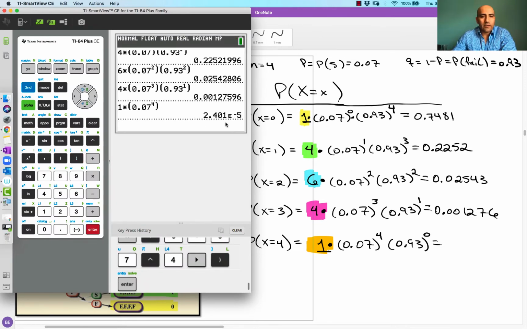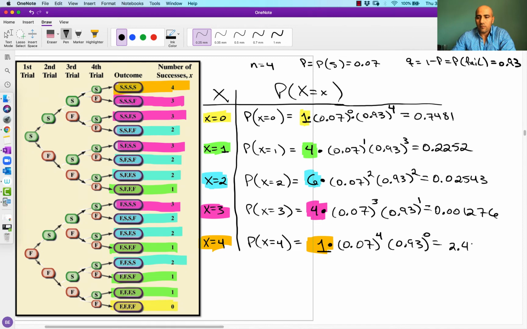So if you notice this on your calculator, this e with -5, this is scientific notation. This means that this is times 10 to the power of -5, which means that if you want to rewrite it this way in expanded form, you would have to move this decimal place to the left by 5 spaces, which means that there would be 4 zeros between the decimal and the 2. Okay, that's what this means. So I'll write it down this way. 2401, right?